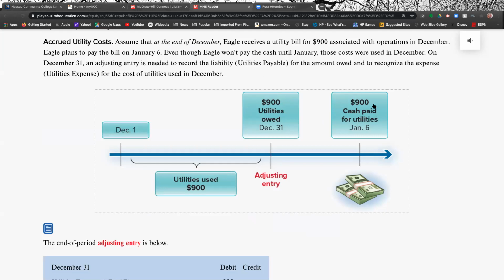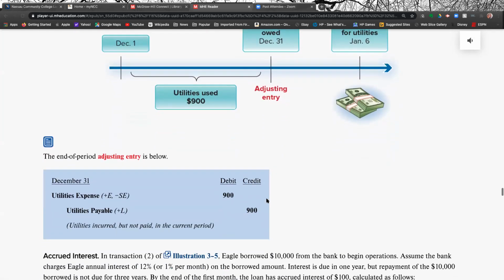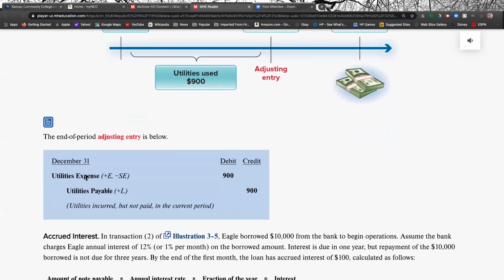So even though the bill doesn't get paid till next month, we want to record this $900 as an expense for this month. So the adjusting entry would be a debit to utilities expense and a credit to utilities payable, or sometimes they would just say accounts payable, $900.